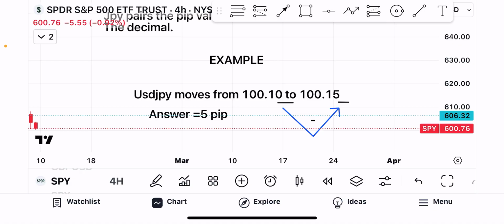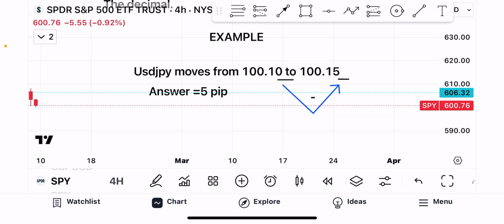The second number after the decimal number is your pip. That's how we calculate it. So your entry minus your target will give you how many pips you moved. Just look at the two numbers after the decimal. That is how you find your pip value for that pair. So this is now clear.